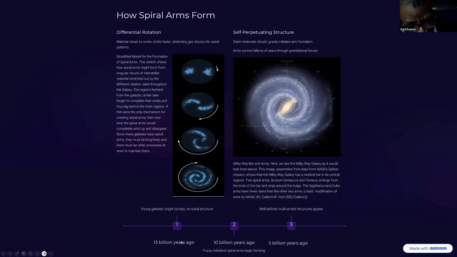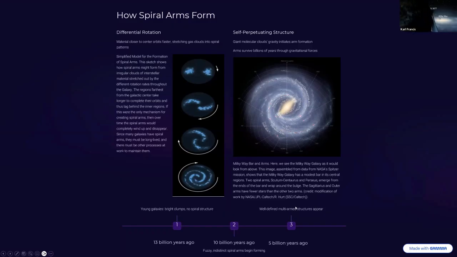Okay. So looking at this, we could say the first image is around 13 billion years ago. These two in the middle are somewhere around 10 billion years, where you get this fuzzy, indistinct spiral arms beginning to form. And then 5 billion years ago, you get these well-defined spirals that you see here.